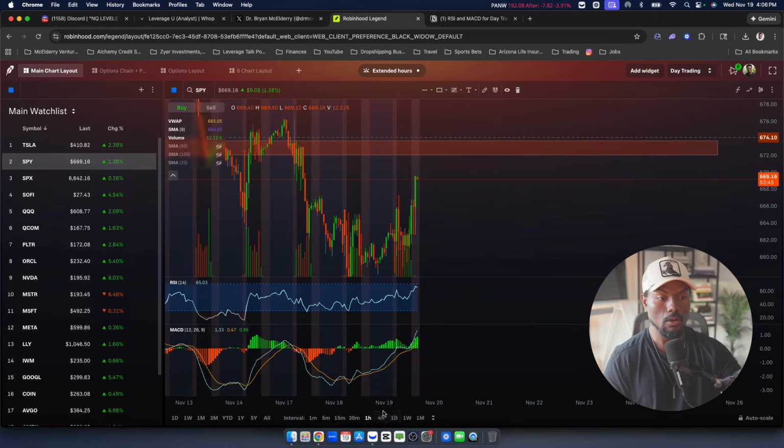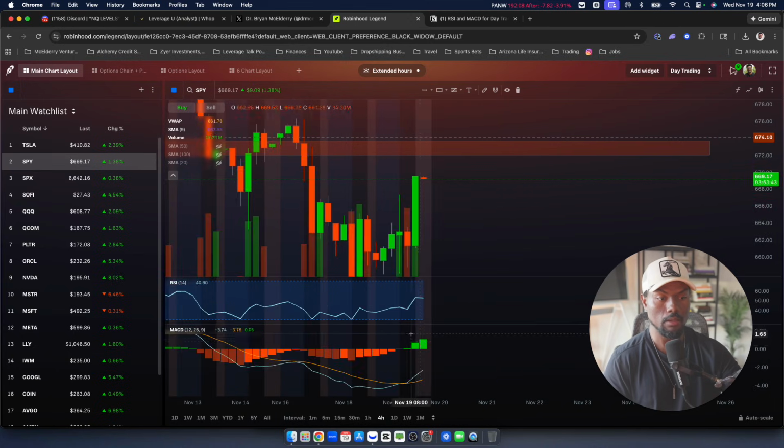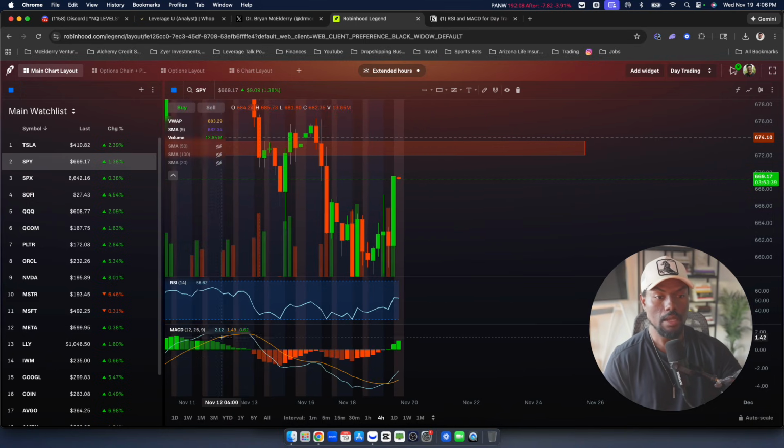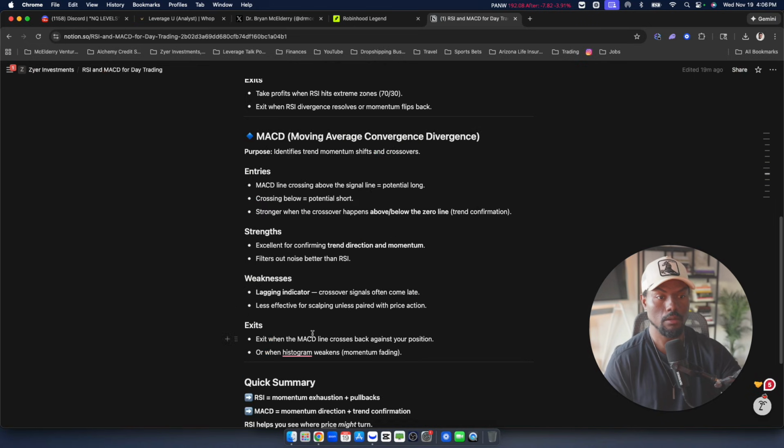So I want you to look on the 4 hour again. Let's start with the 4 hour, okay? The MACD indicator is this blue line right here, okay? The blue line. Do you see how when the blue line crosses the orange line, okay? Remember what I was saying here. Let's go back to here.